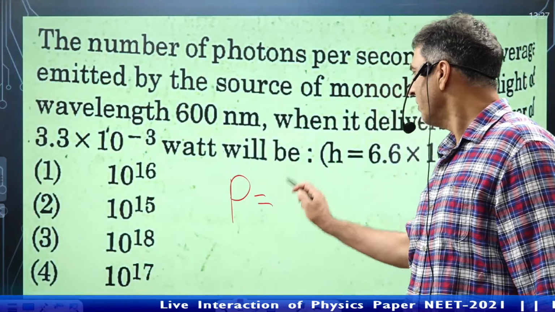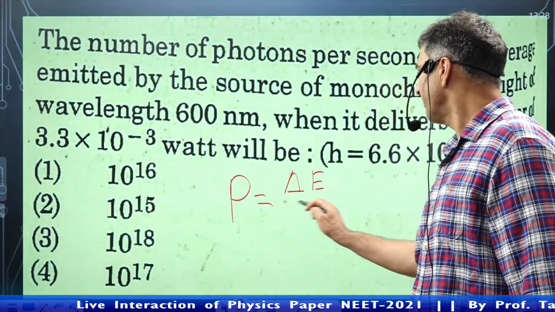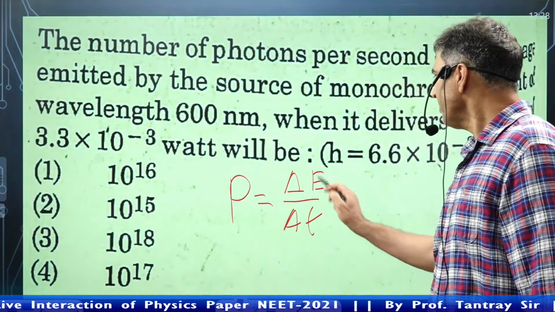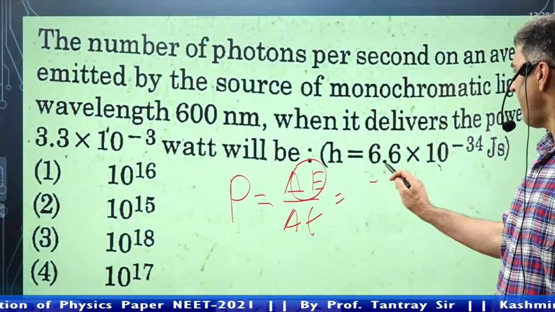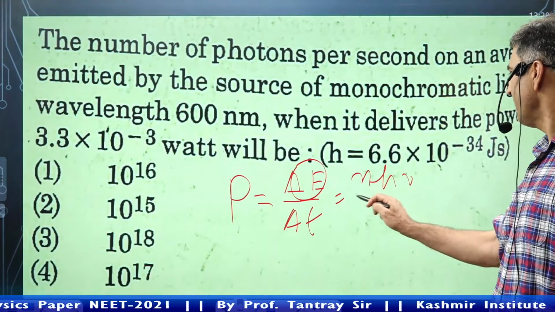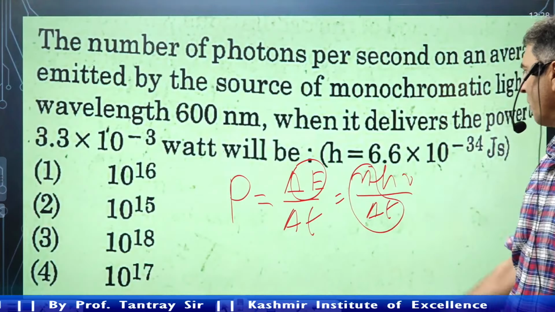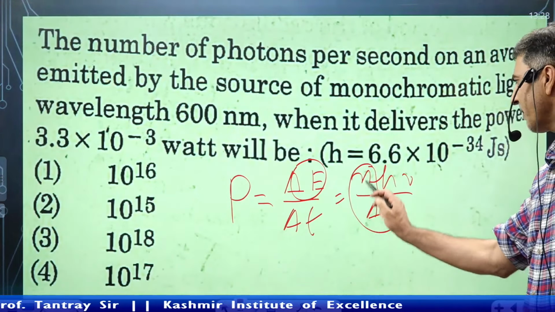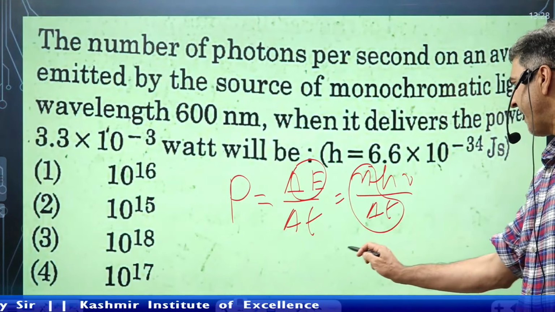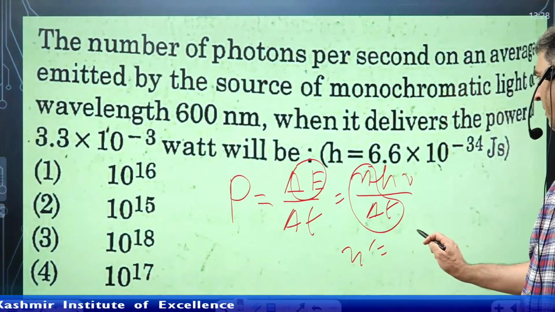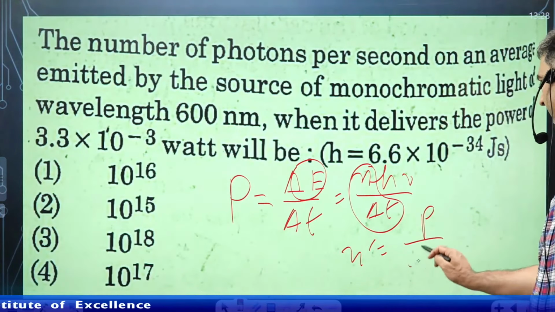You have a simple basic equation. Power is equal to energy by time. Energy is equal to photon energy, that is h nu, but n times, by delta t. So n by delta t is the number of photons emitted per second. Let me call this n prime, which is equal to P divided by h nu.